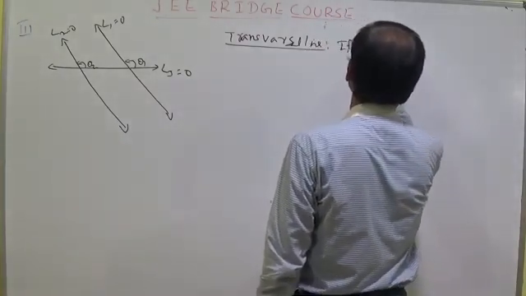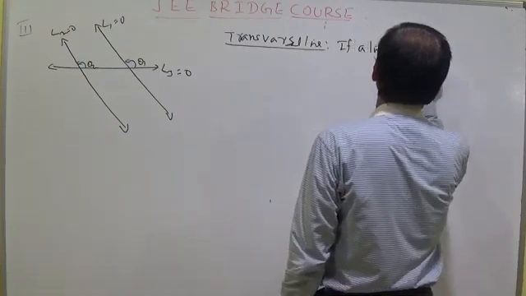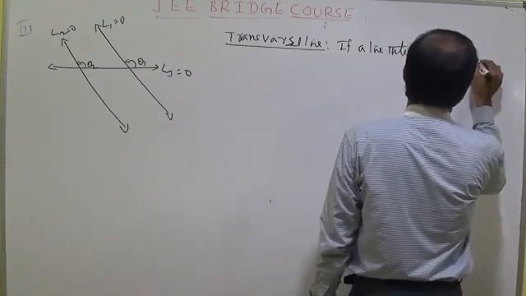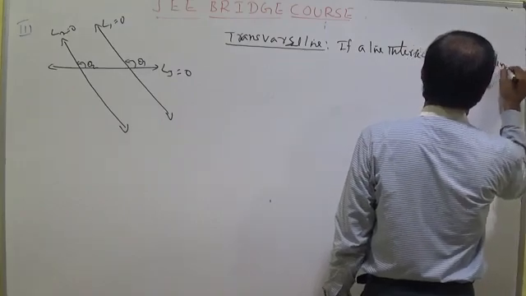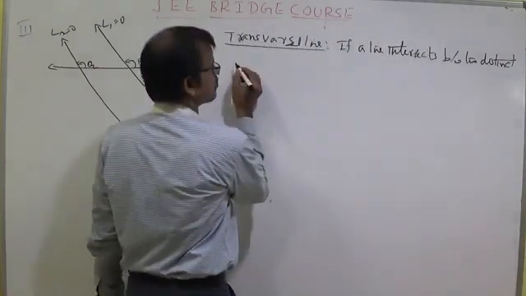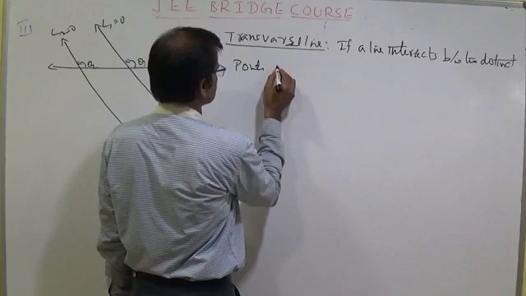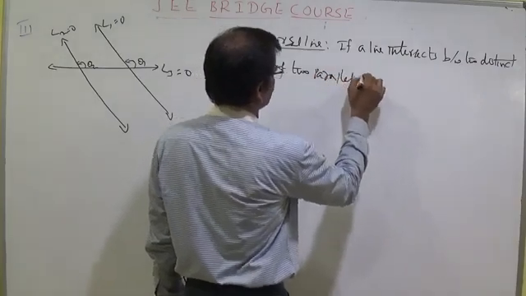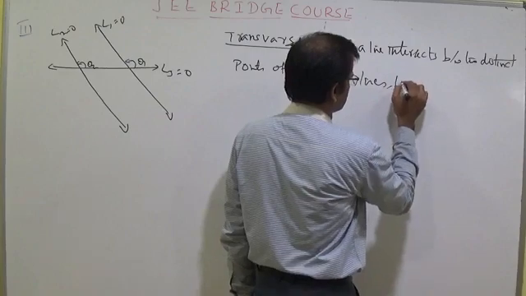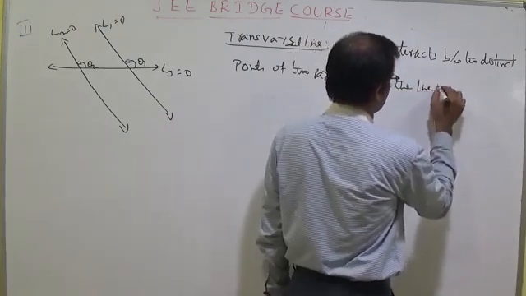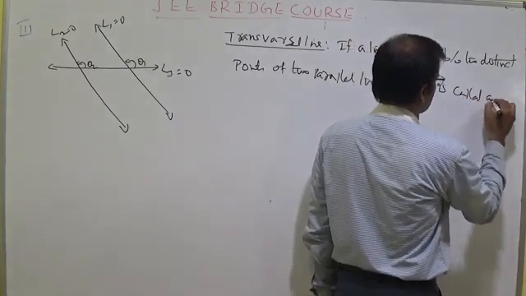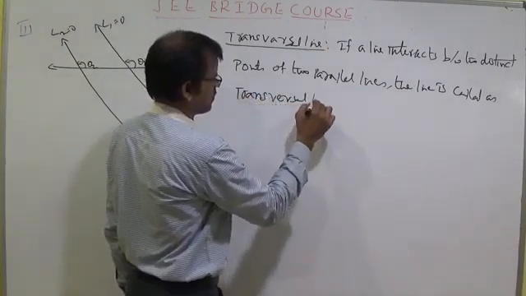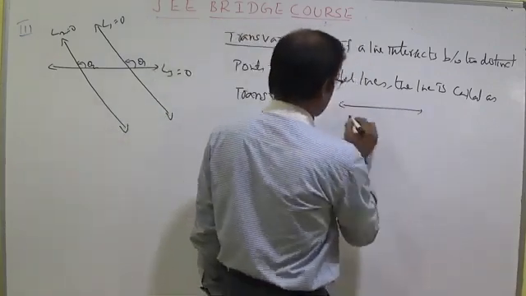If a line intersects two parallel lines at two distinct points, the line is called a transversal line.